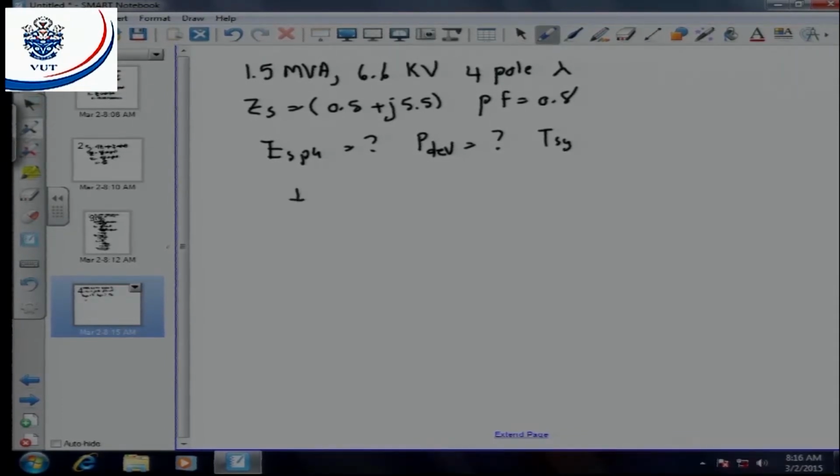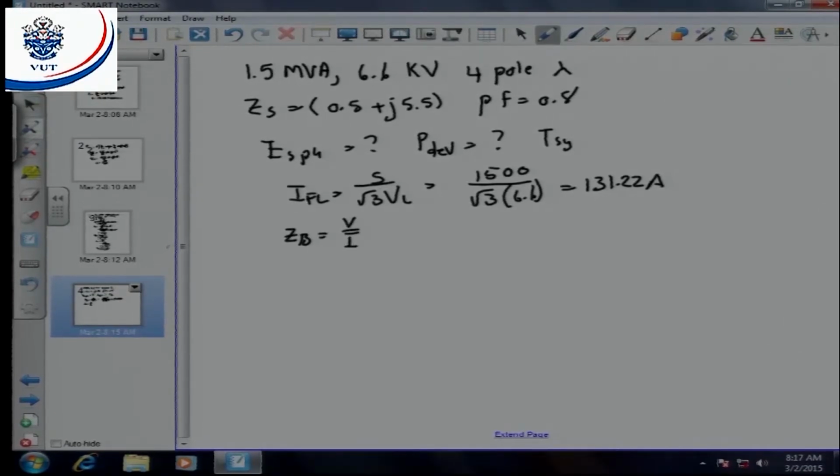First step is to calculate the full load current. That is S divided by square root 3 V line, which is 1500 divided by square root 3 divided by 6.6, gives us a current of 131.22 amps. The base impedance is V over I, all per phase, which is 3810.5 divided by the current, which is 131.22.